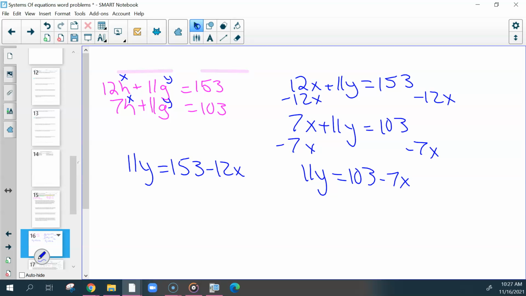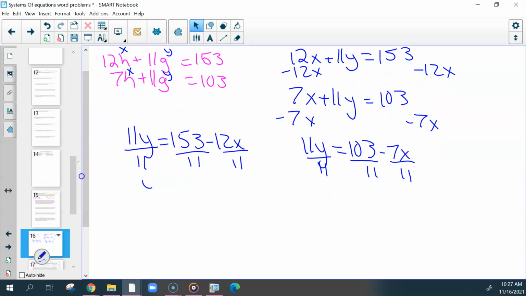And then we would divide everything by 11. So our two new equations would be y equals, I'm going to leave these as fractions. You can switch these two if you want. Not necessary.